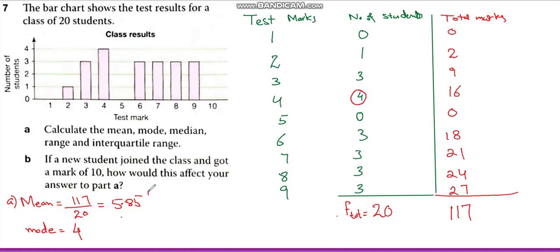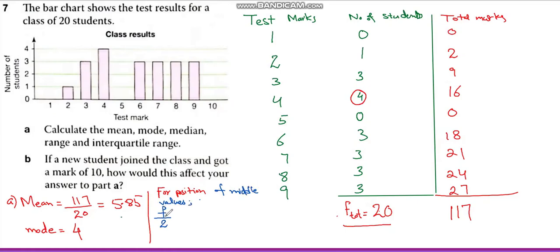While if we talk about the median, the median is the middle value. So to find the median, we first observe the frequency. If the frequency is even, then there will be 2 middle values. And for those 2 middle values, first we need to find their positions. For the position of middle values, we divide the frequency by 2.